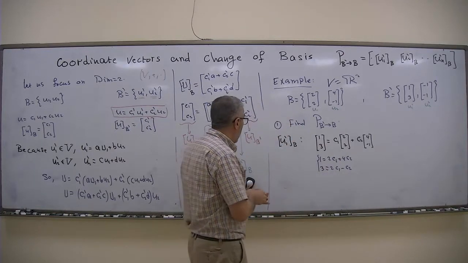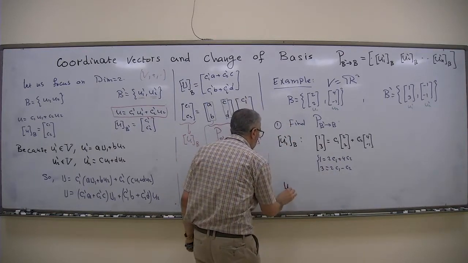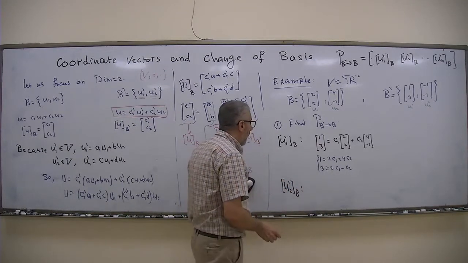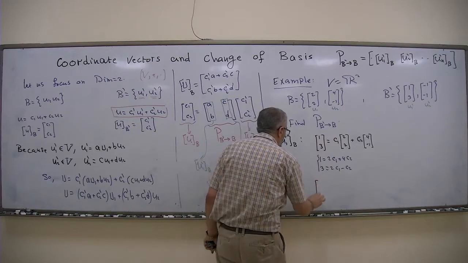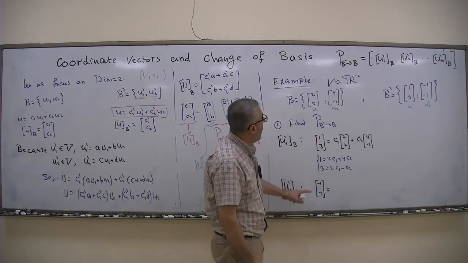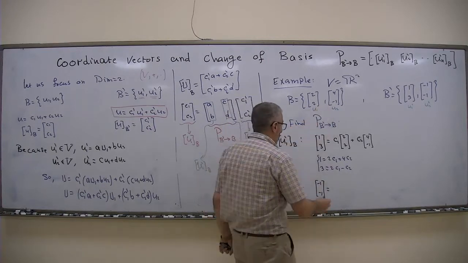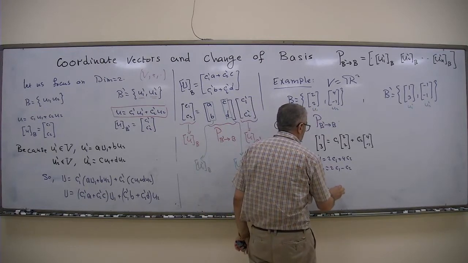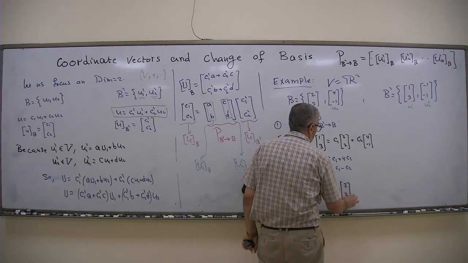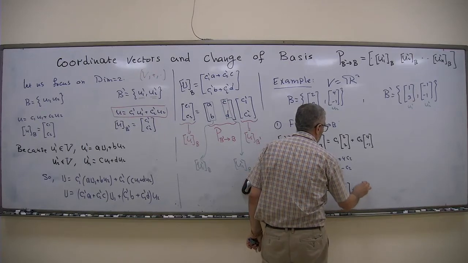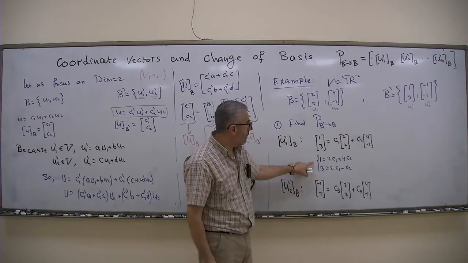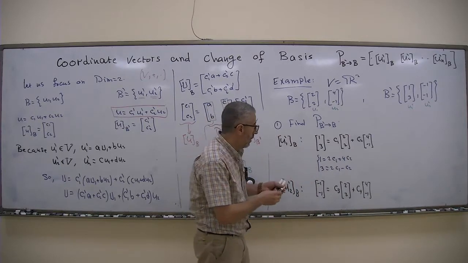So let's now think about what is U2 prime with respect to B. Again, we take U2 prime, which is negative 1, negative 1, and we write this as a linear combination of those two. So it is going to be C3 multiplied by 2, 2 plus C4 multiplied by 4, negative 1. Again here, what do you get? You get a system of two equations.